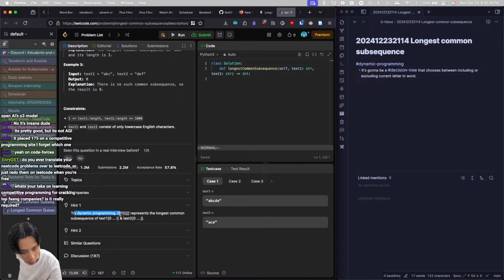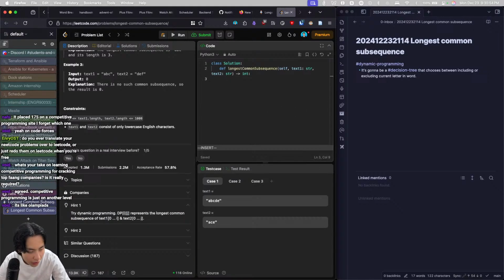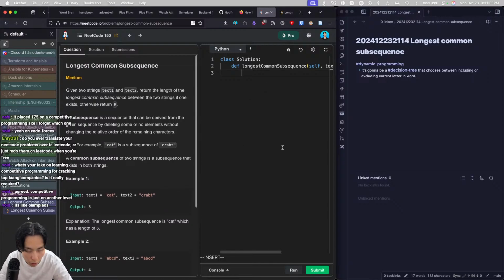Oh, try dynamic programming. So DP[i][j] represents the longest common subsequence of text. Okay. I think that's interesting. DP[i][j] represents the longest common subsequence of text.